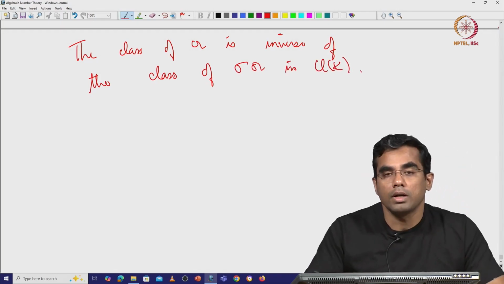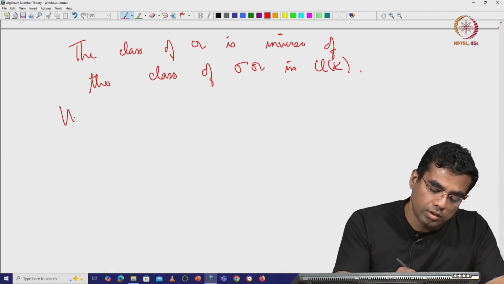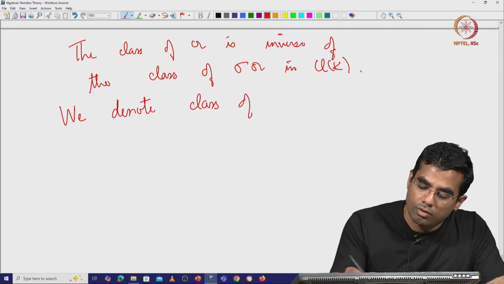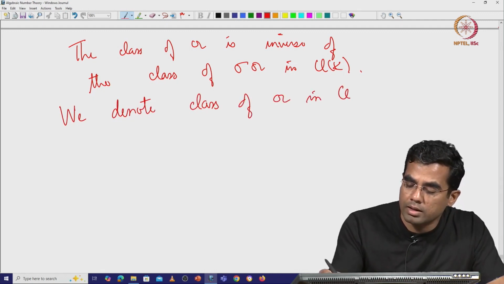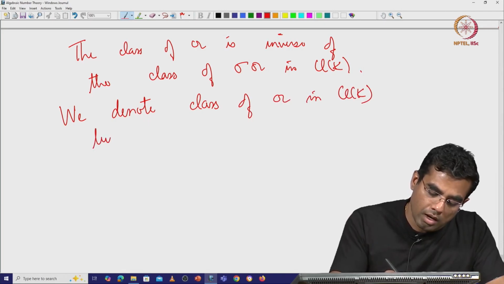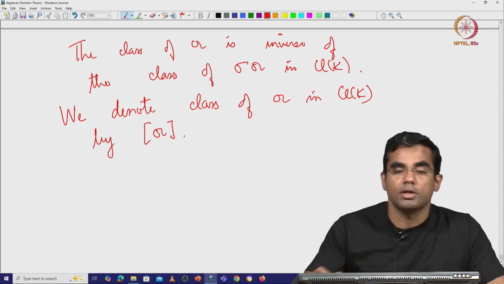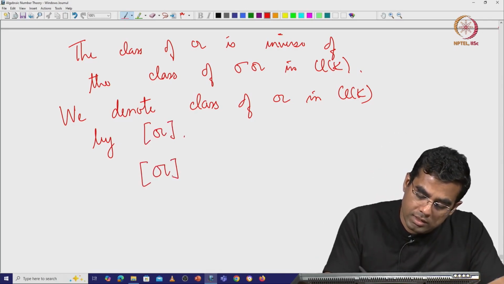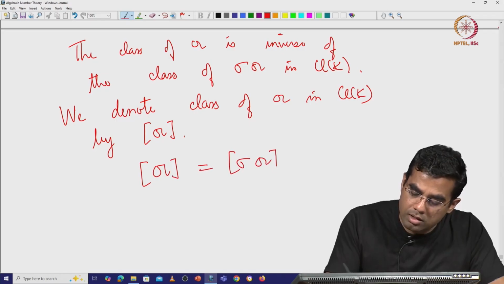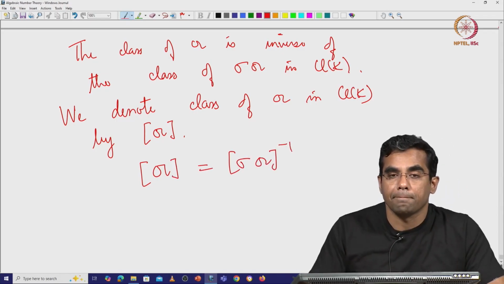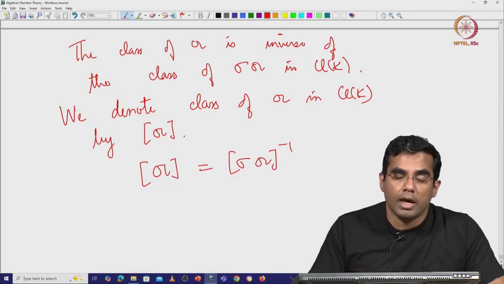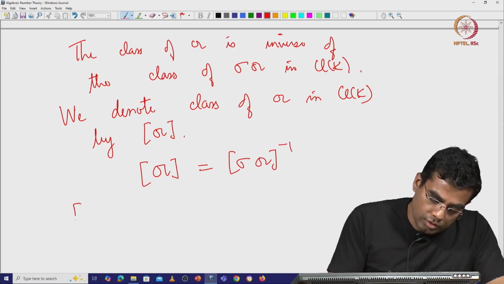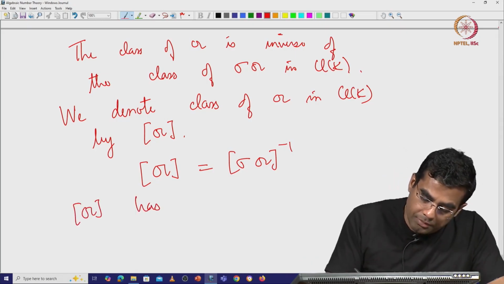So, we denote the class of A in the ideal class group of K by the square bracket [A]. That will denote the equivalence classes of ideals. So, what I have said is that [A] is equal to [sigma A] inverse. Now, what happens when an element has order 2?